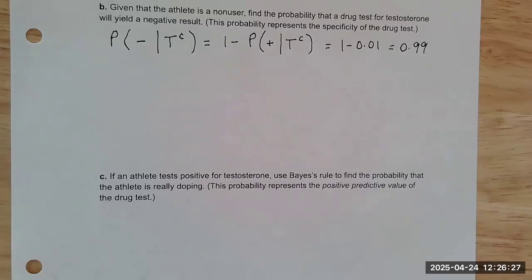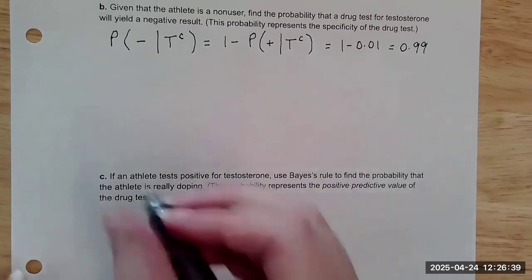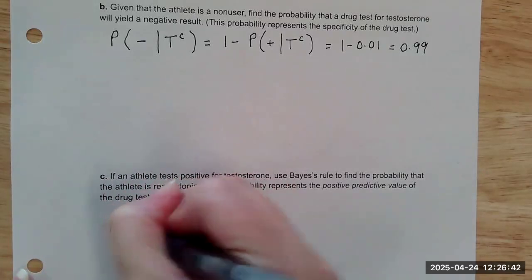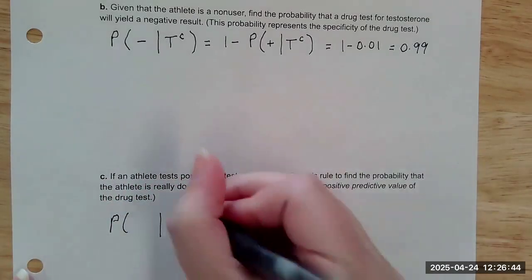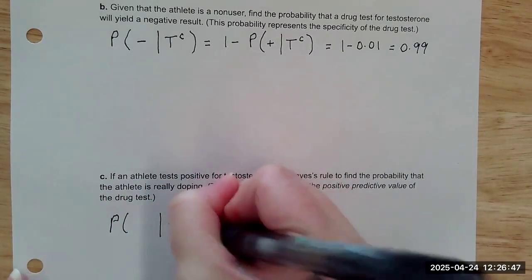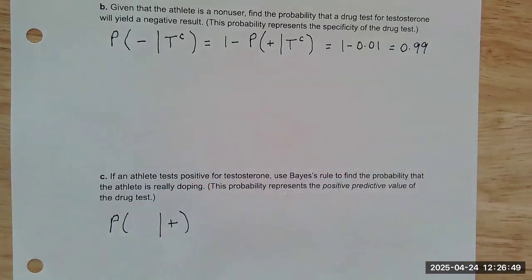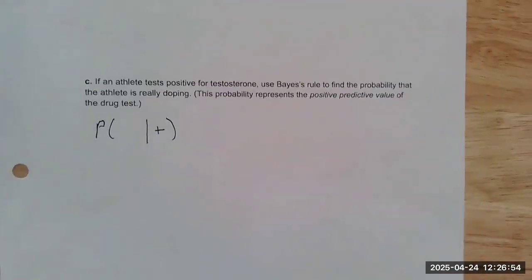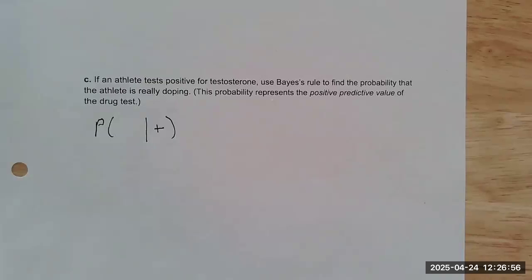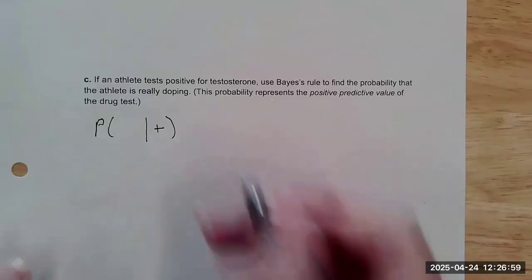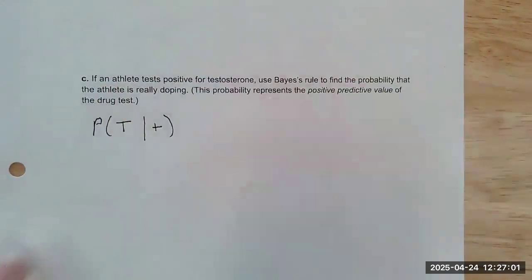If an athlete tests positive for testosterone, use Bayes' rule to find the probability that the athlete is really doping. Okay. So what they're asking us for is, given that you found out that they tested positive, so given you got a plus sign, what we want this time is the probability they were really doping, which means they really were using testosterone.